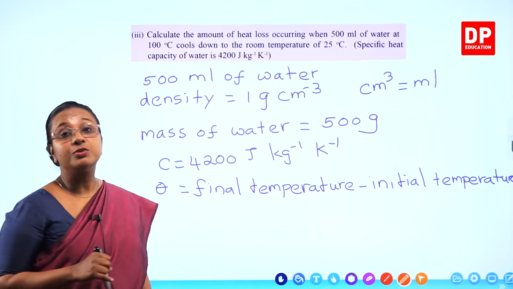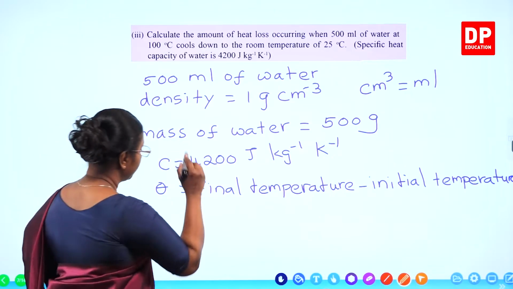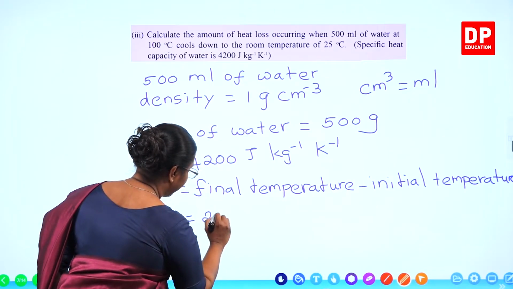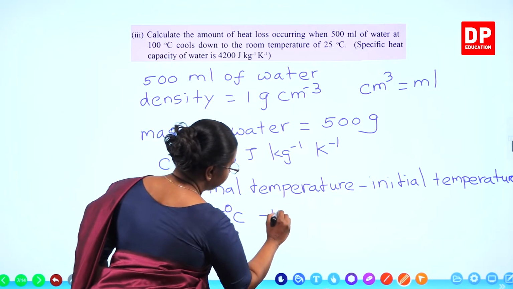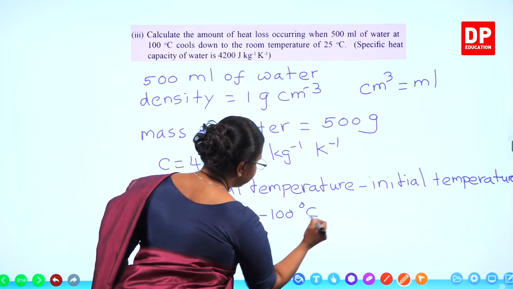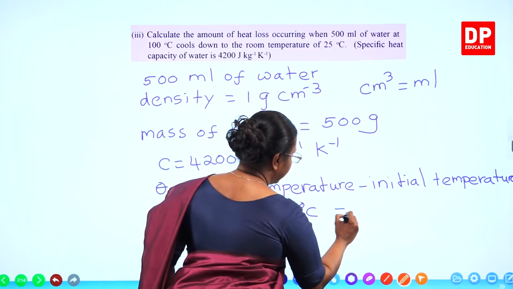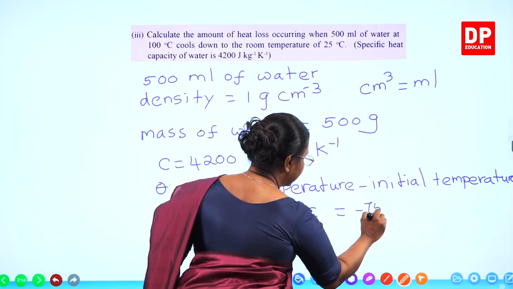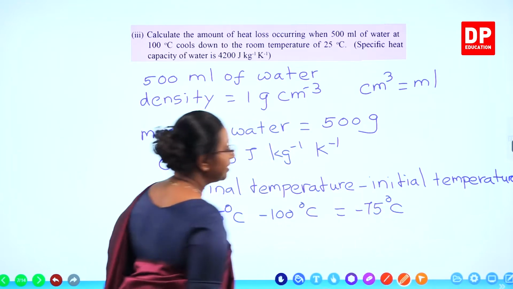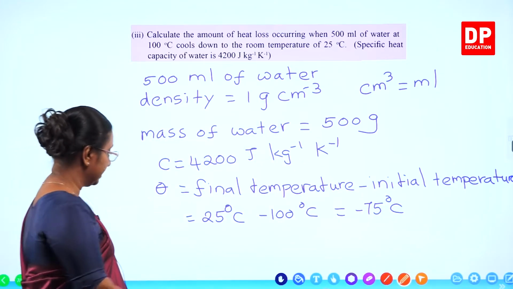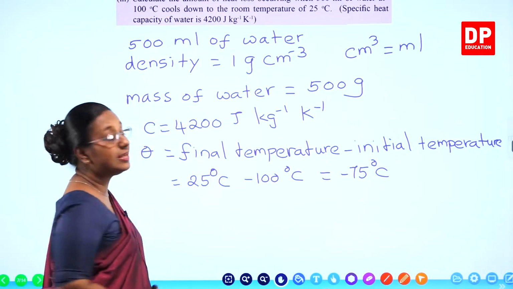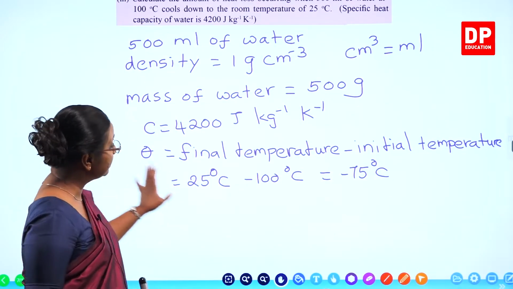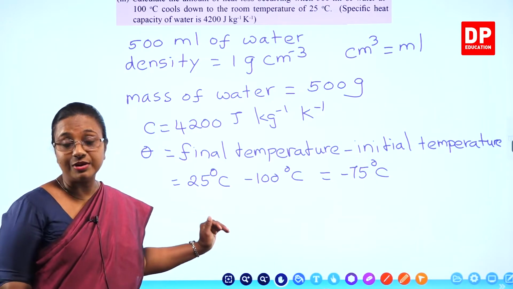The liquid is cooling, water is cooling down. So, final temperature is 25 degrees Celsius and the initial temperature 100 degrees Celsius. So, the theta is going to be minus 75 degrees Celsius. That is theta. So, here students, you don't have to write all these separately, but for you all to understand, I have written down everything.